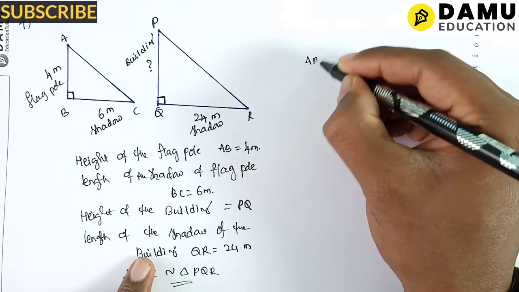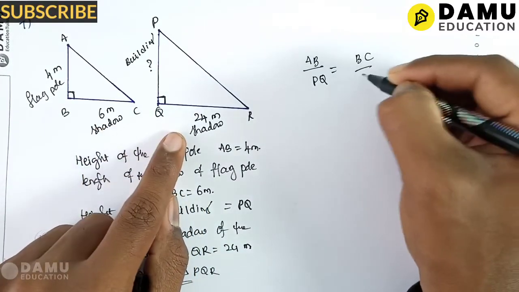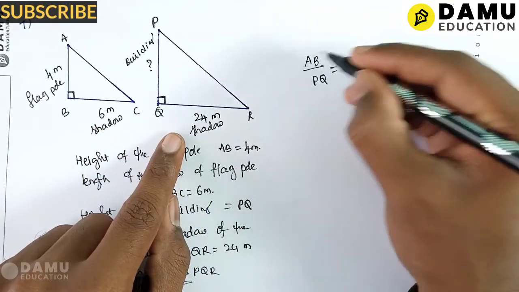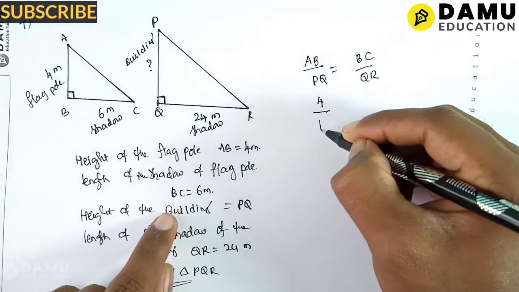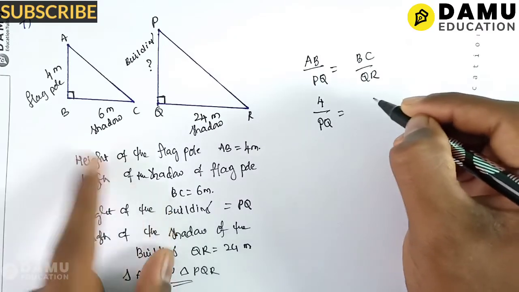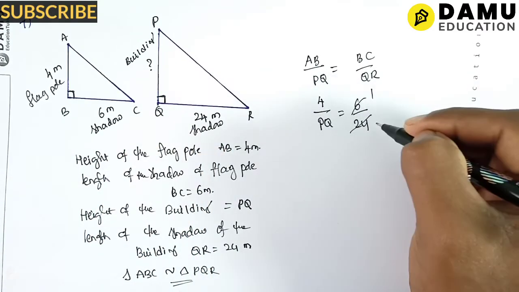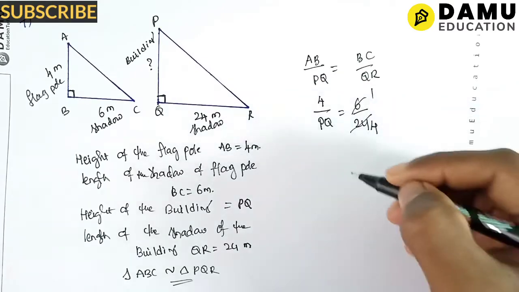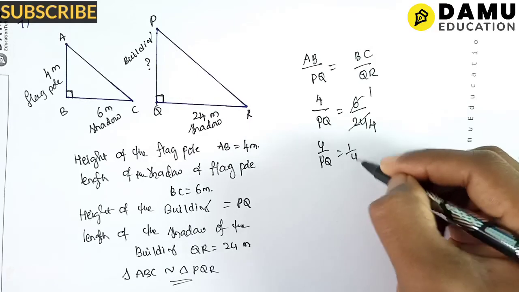So AB by PQ will be equal to BC by QR. AB is 4, so 4 by PQ, BC is 6 and QR is 24. So 6 ones are 6, 6 fours are 24. So 4 by PQ will be equal to 1 by 4.